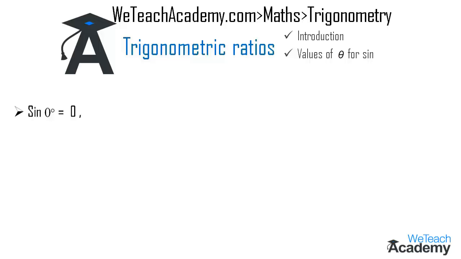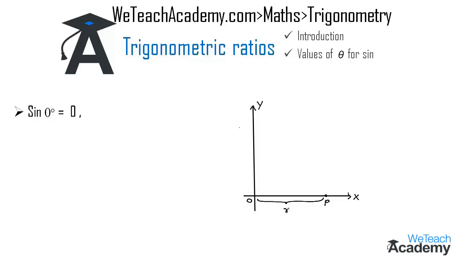We already know that sine 0 degrees is equal to 0. Let us prove whether it is true or not. In order to prove, let us consider a graph where we have the x-axis and y-axis and also the origin O. Here let OX be the initial position of the rotating line, and then take any point P on this line at a distance of r units from the origin.